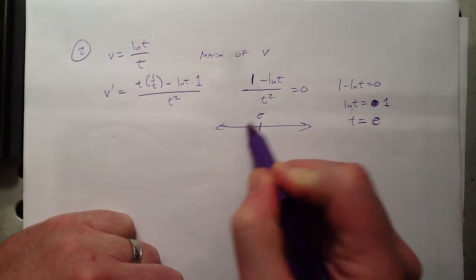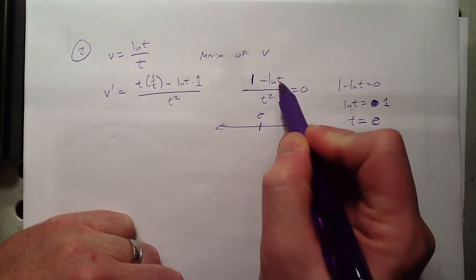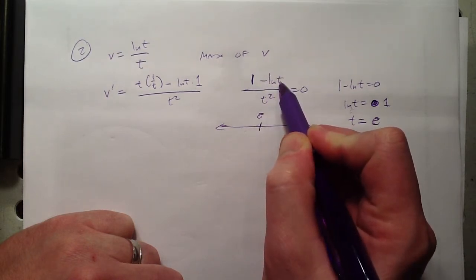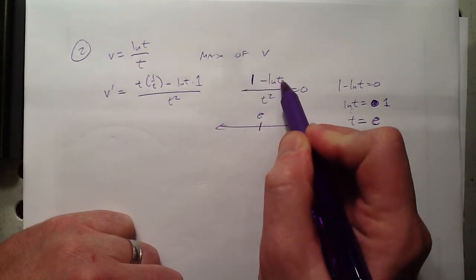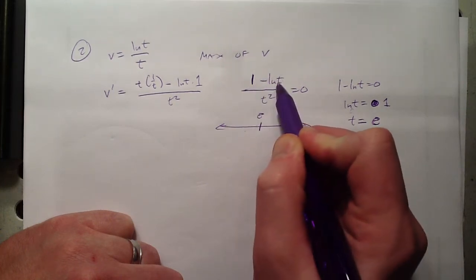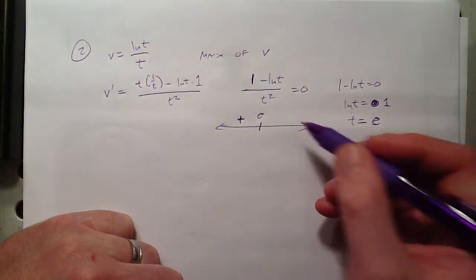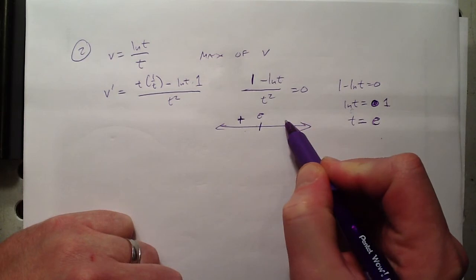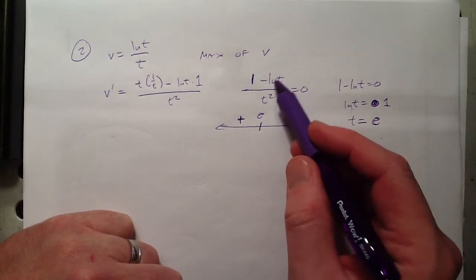So plug in something less than e, like 1. It'd be 1 minus the natural log of 1, which is 0. That'd be positive on top, positive on bottom. That's increasing. And then pick a number above e, like e squared would be easy enough.